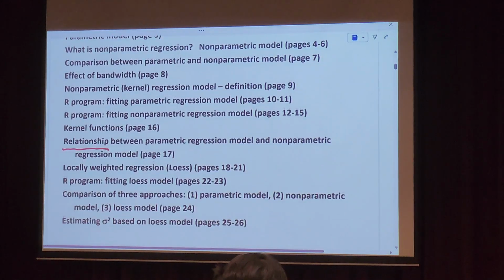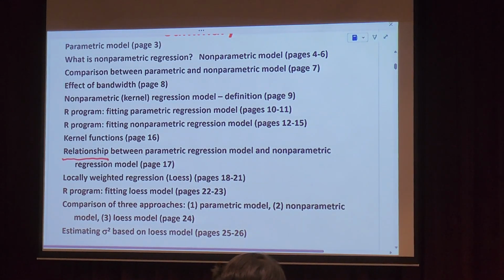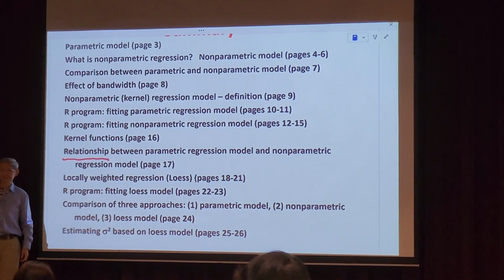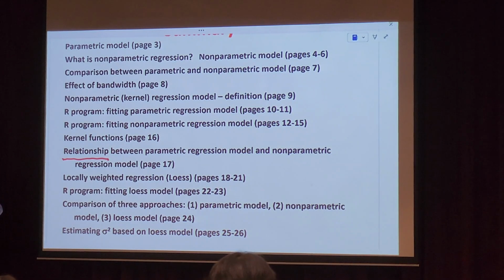So let's take a look. What have we done? In today's lecture, I talked about the relationship between parametric and non-parametric regression models. We need to realize that both are similar in the sense that the fitted values for both approaches are actually linear combinations of the response vector.